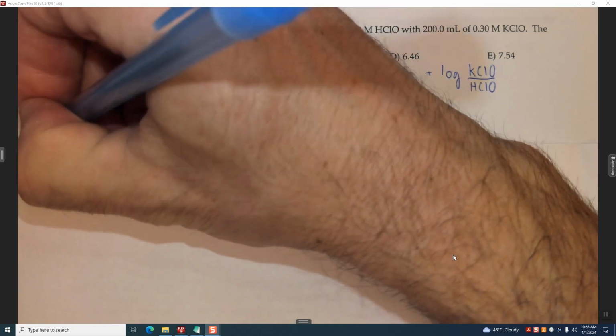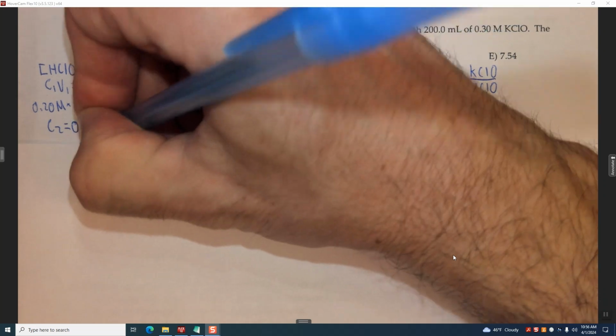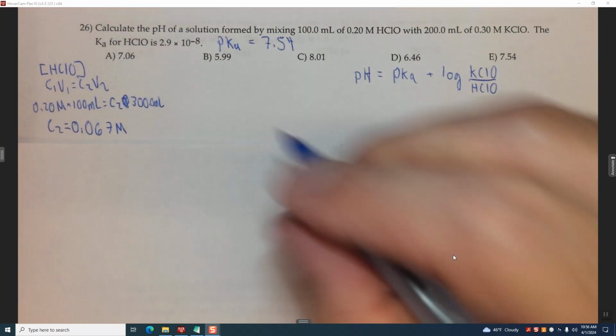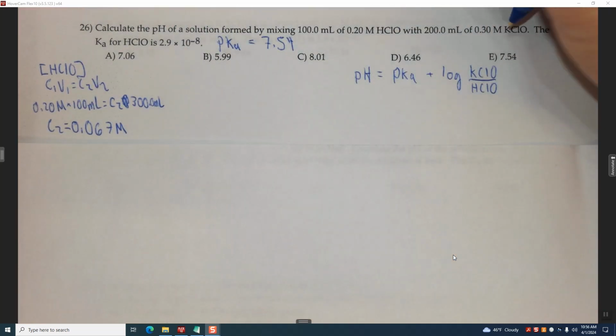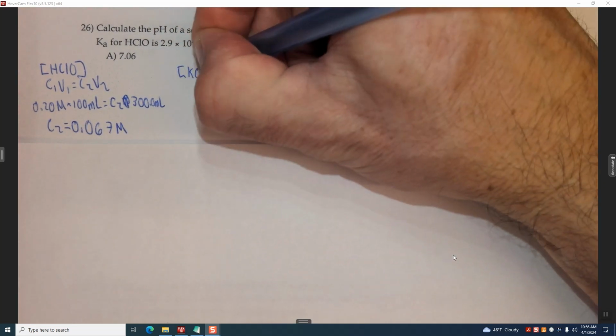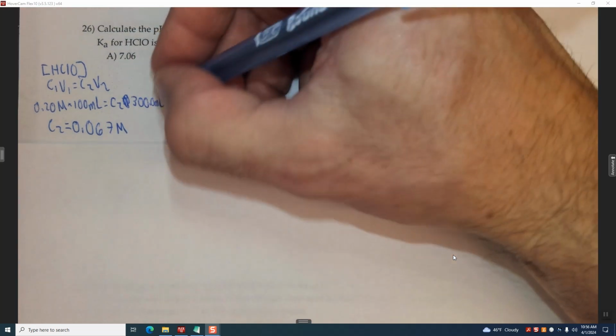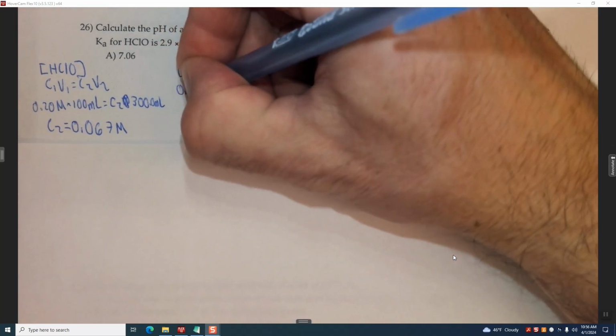When you do that, you find the C2 is equal to 0.067 molar. We need to repeat that for KClO. So the concentration of KClO is going to be exactly the same thing. C1V1 equals C2V2, where C1 is 0.30 molar.